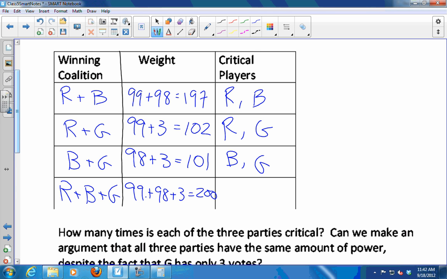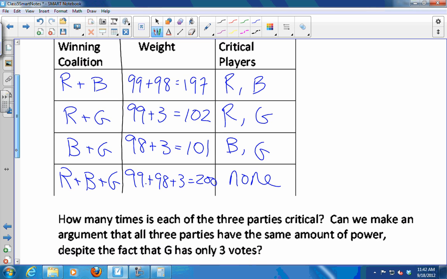If blue walks away and says, forget you guys, can red and green still pass? Yes, red and green can still pass a motion, so blue is not critical. If green walks away, leaving red and blue, can they pass a motion? Yes, that means that green is not critical. So no one is critical in this coalition. Any of the three could walk away. It wouldn't matter. They could still pass a motion.